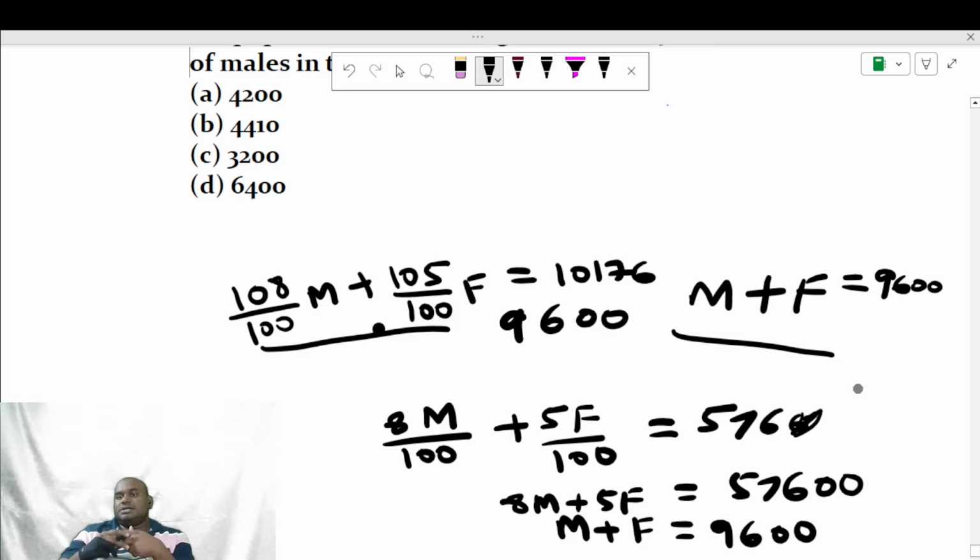But I only need m value, because males population before increase. What was the number of males in the village before increase? That was the question. So m we need to find out. So to find m, I should eliminate f. So there is 5f here. If I make this 5f, then I can eliminate. So for that I'll multiply this entire equation with 5.